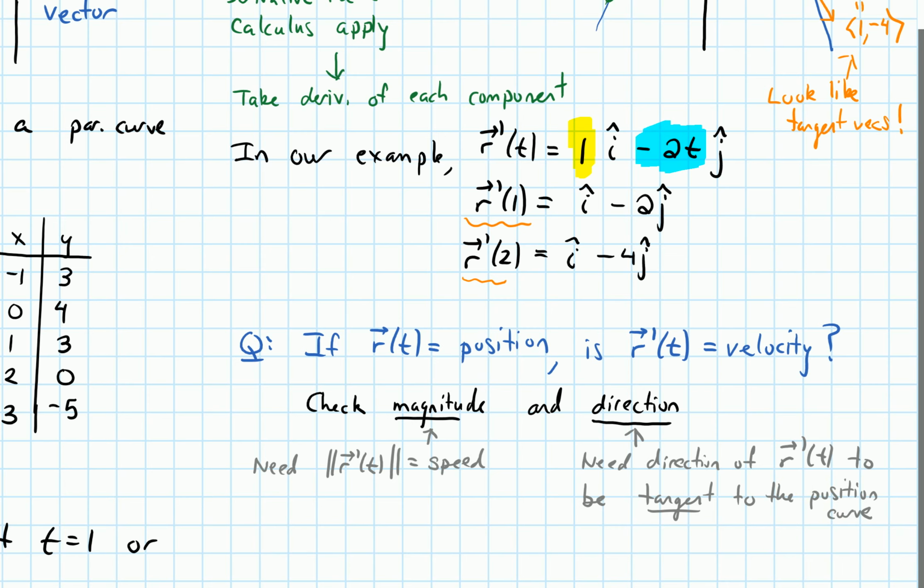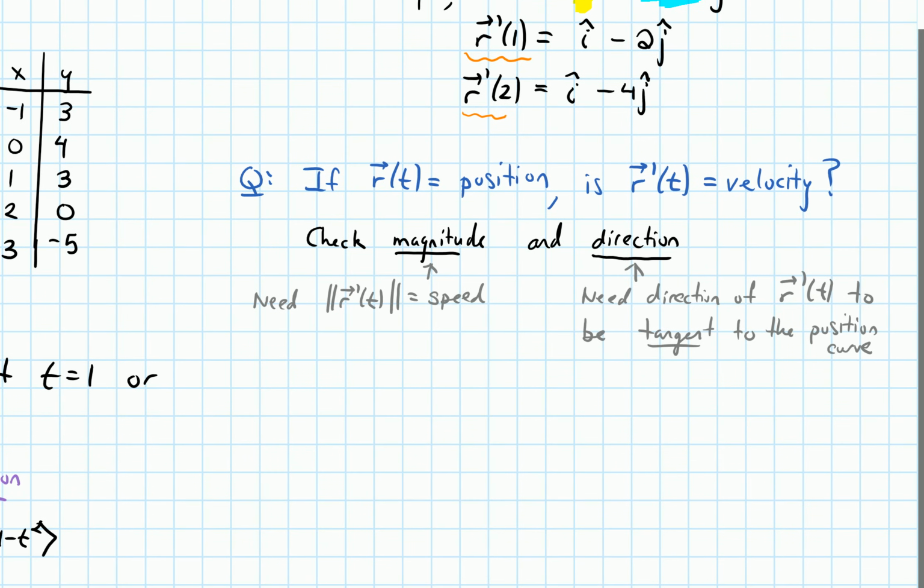All right, so now let's check these. So let's do magnitude first, and then we'll do direction. So let's first check magnitude. I'm going to do this more generally. I'm going to start by saying, what if r of t is a general vector function that looks like x of t comma y of t?